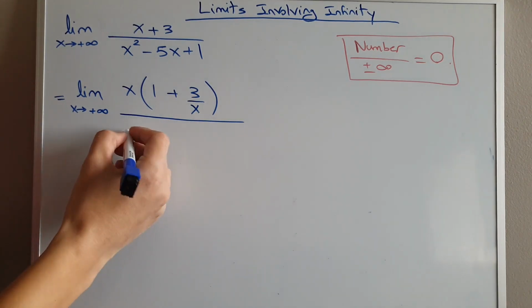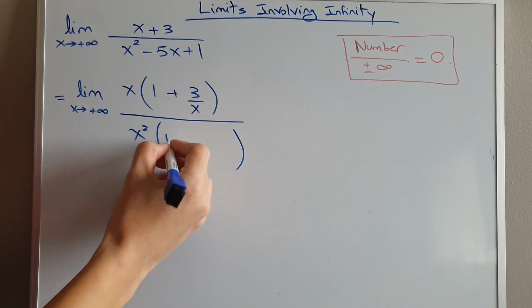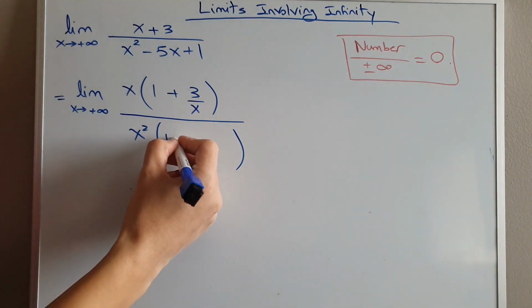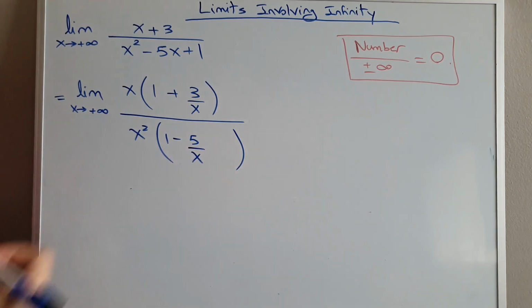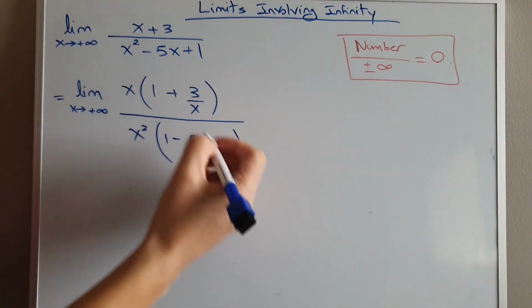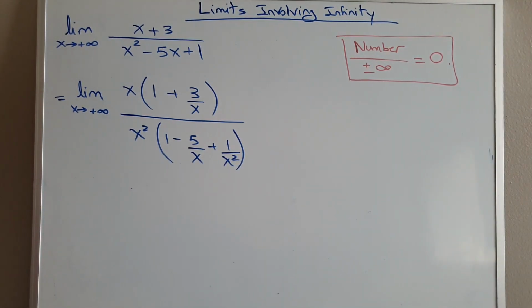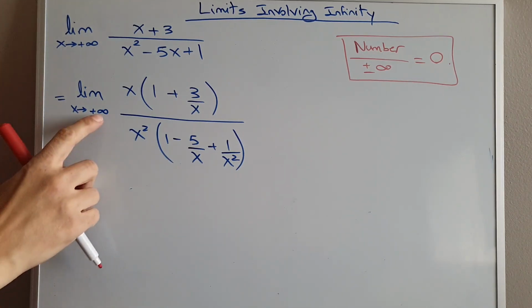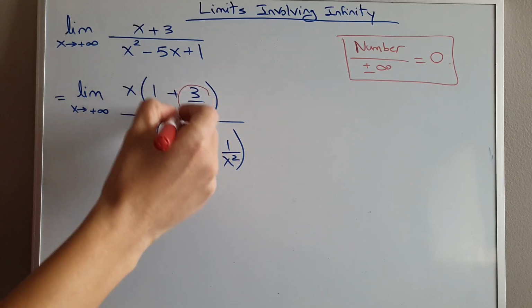Same thing for the denominator. The highest power of x is x squared. So I'm left with 1. X squared to become x, I need to get rid of 1x. X squared to become 1, I need to get rid of the whole x squared. You will always end up with things becoming 0. X is infinity. 3 over infinity, number over infinity, this is 0.